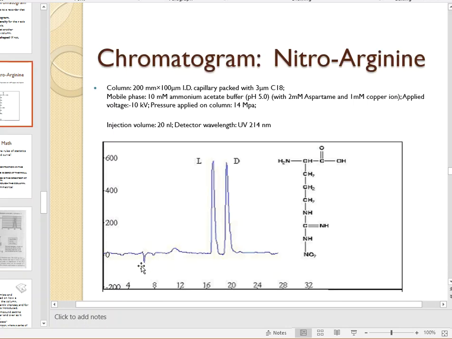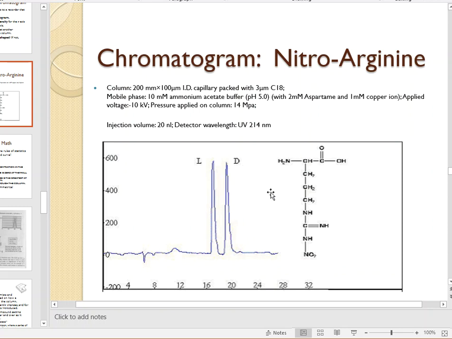Here in the very beginning, you actually see kind of the dead time, and you see that little dip that's happening right here. So that looks like a 6 to 7 minute dead time or hold up time for the mobile phase. And if I wanted to do adjusted retention times, I could. Another reason that I like to show you this chromatogram is because these two are the same components from each other, right?